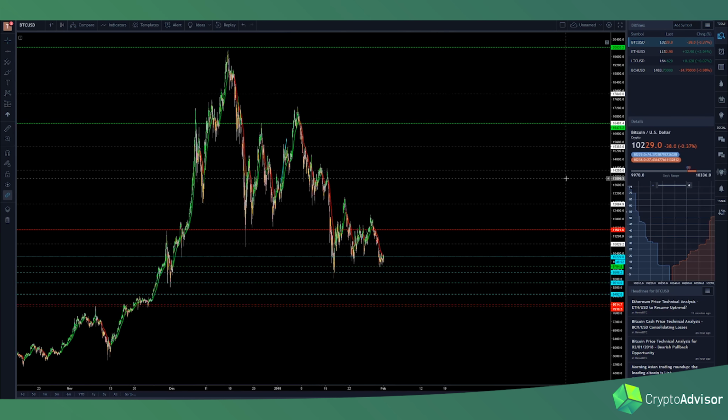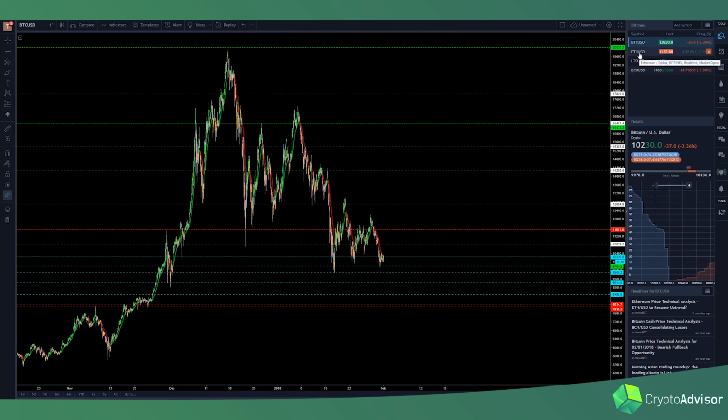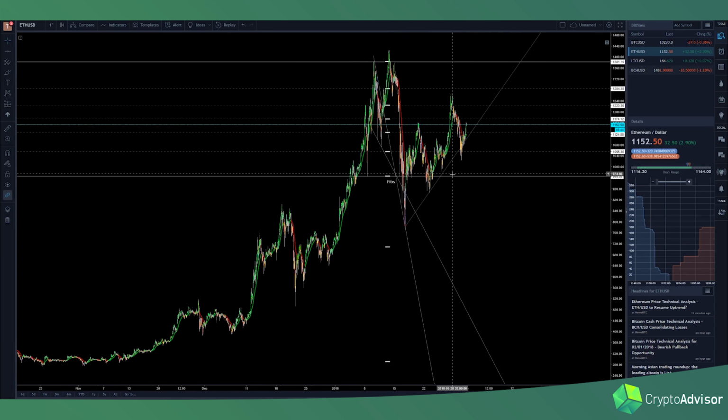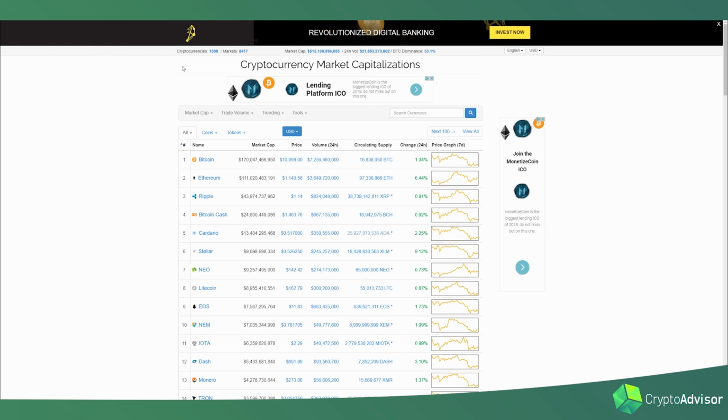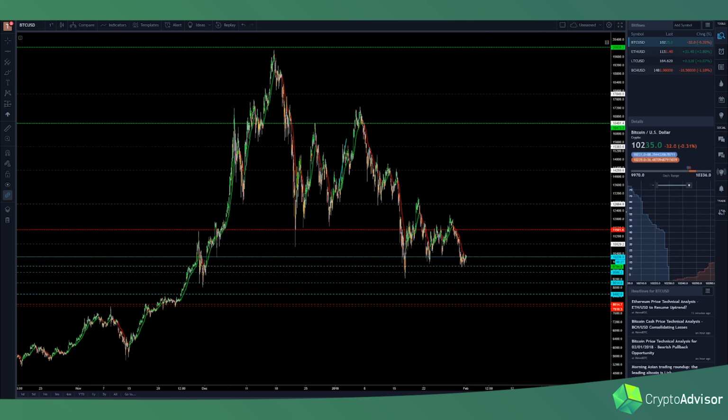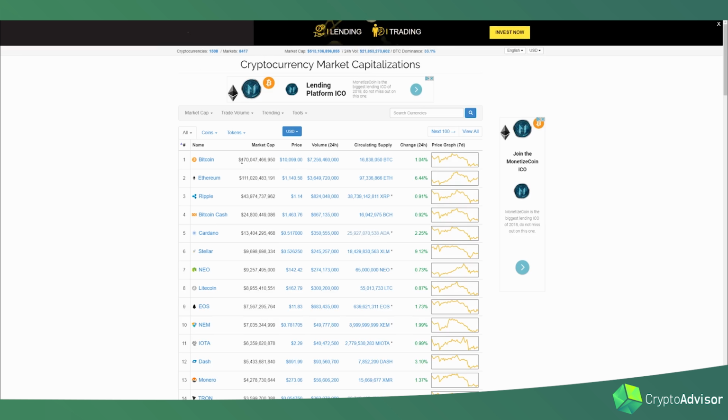Now, something else that I've seen that has been very interesting is Ethereum is actually doing very, very well right now. We saw it drop down initially with Bitcoin, but now we just see it continuing to go up, and it is looking very, very strong. Now, something else that's very interesting is if Bitcoin actually does go down to 8,000, as I expect it to do, then the market cap of Bitcoin would actually be $130 billion, which, if you guys can see here, is only 20 billion away from Ethereum.